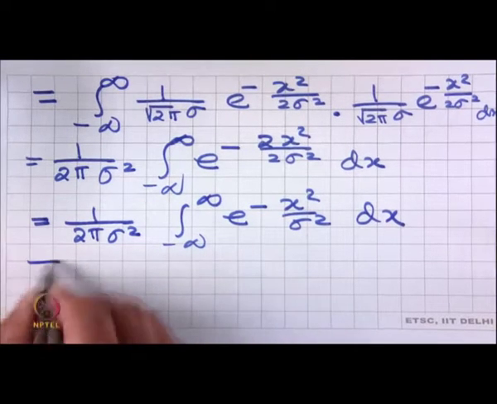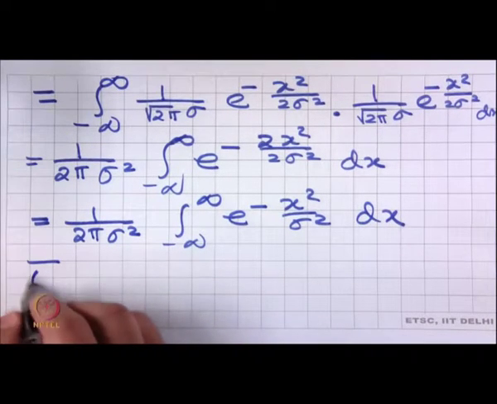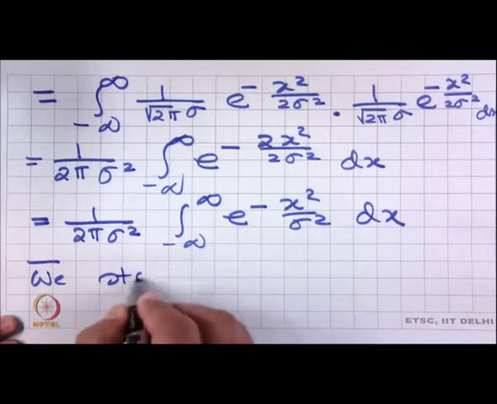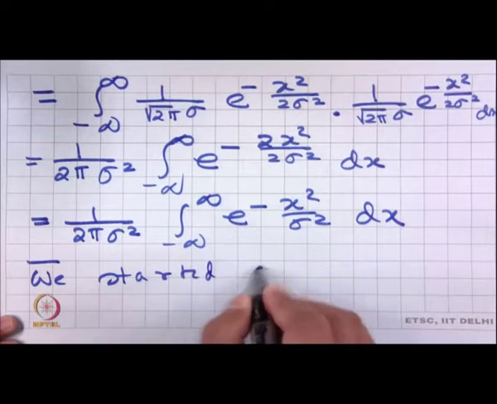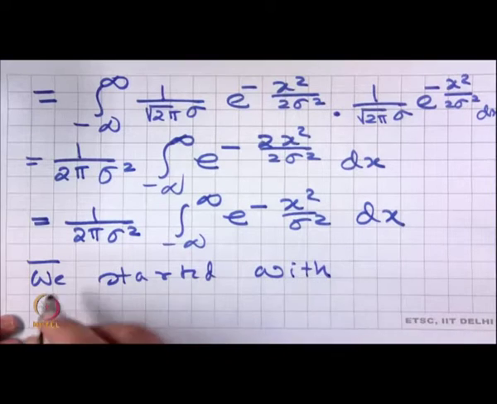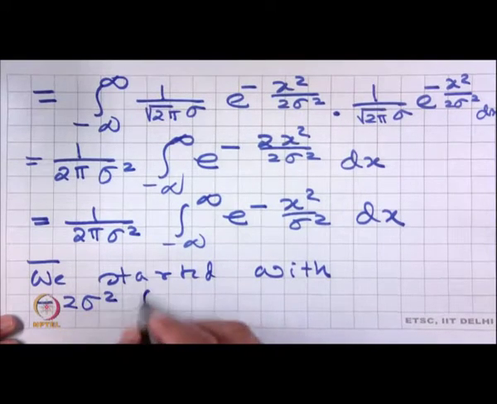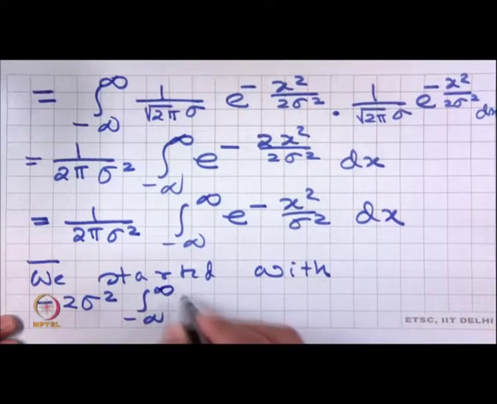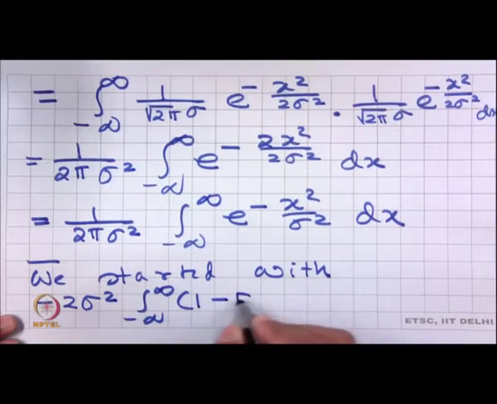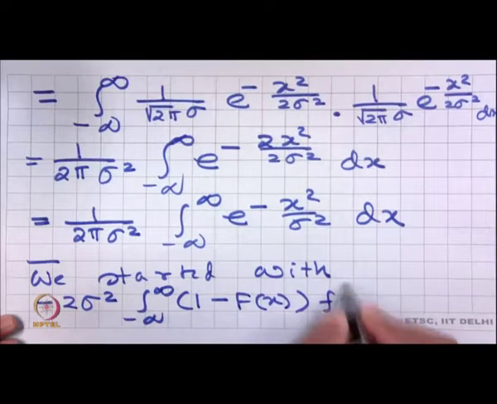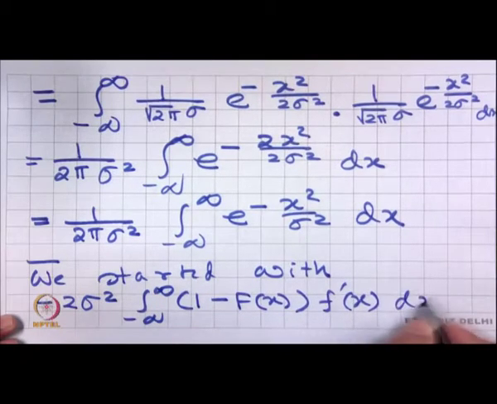And remember that we started with minus 2 sigma square into the integration from minus infinity to infinity of (1 minus f(x)) into f prime(x) dx.